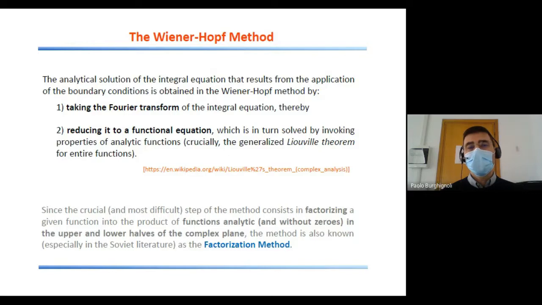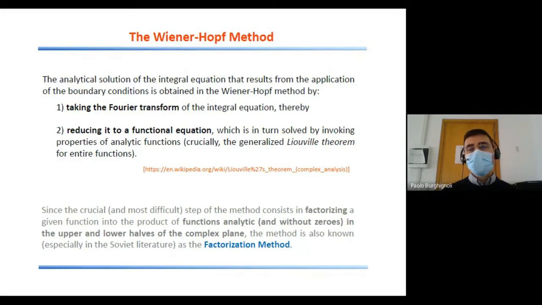We explained what is the Liouville theorem in our second lesson of this course. That was a consequence of Cauchy theorem, which can be easily generalized to a form that is explained clearly, for example, on Wikipedia.